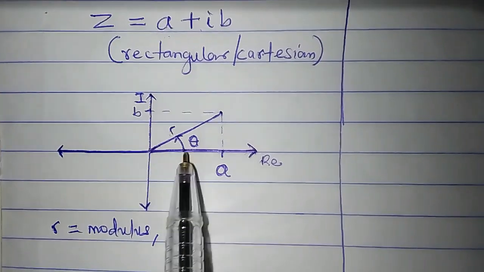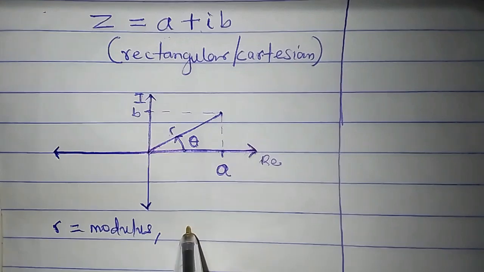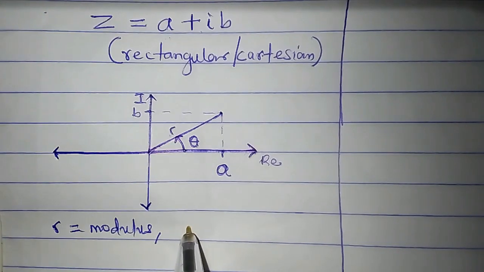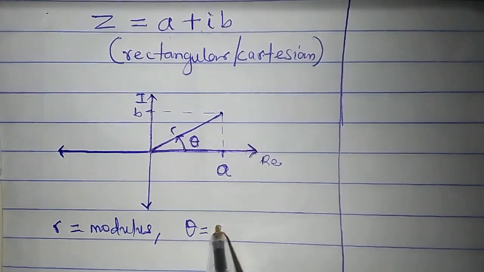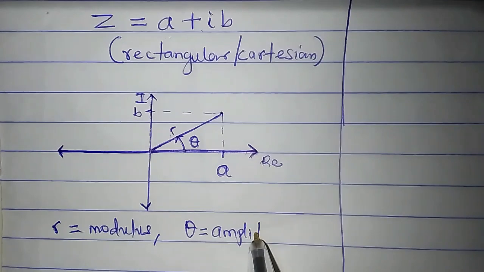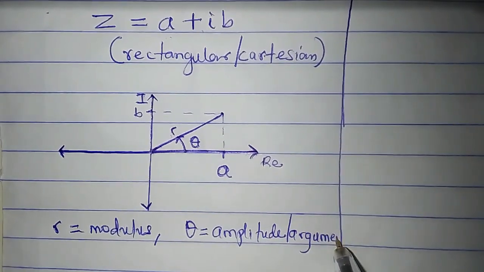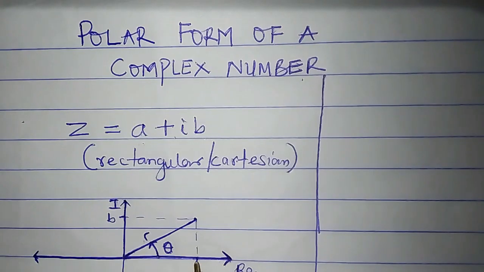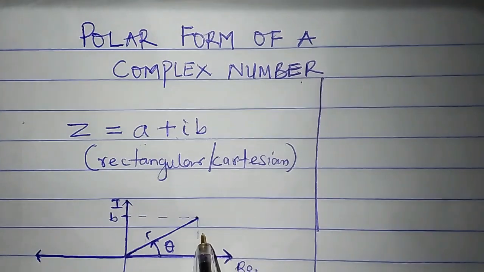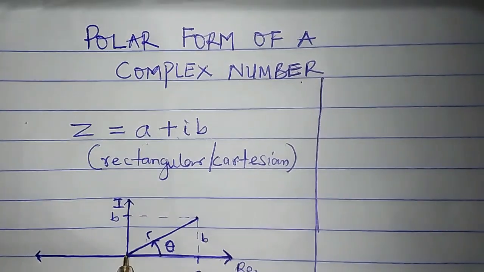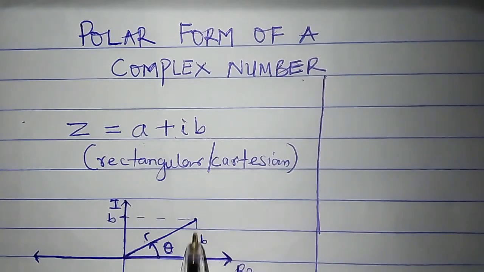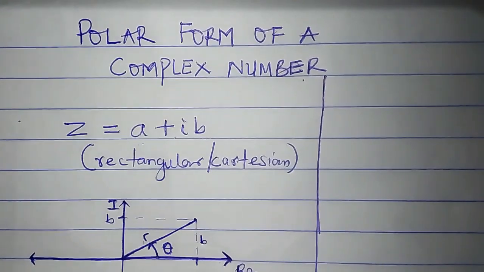And theta here is called the amplitude or the argument. Theta is the amplitude or argument. Alright, this line corresponds to B. Okay, so distance from the origin to this point is the same as this distance, and this distance is A.